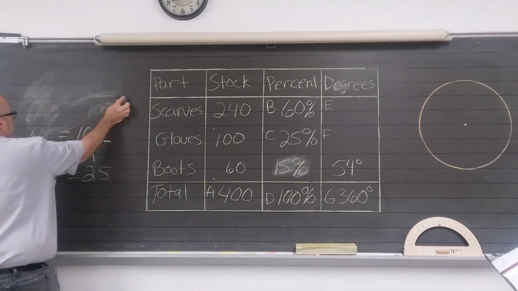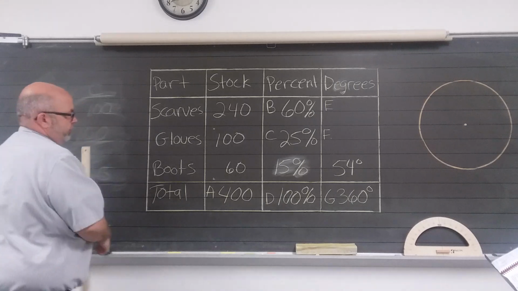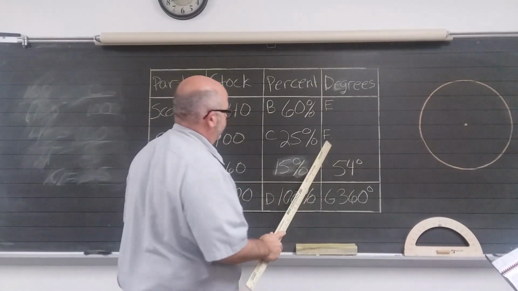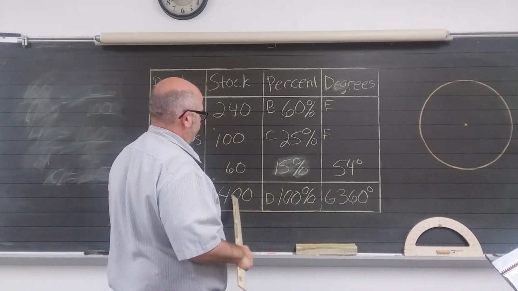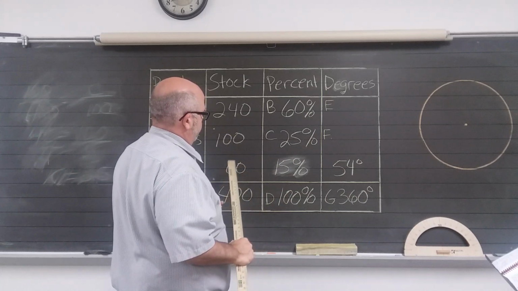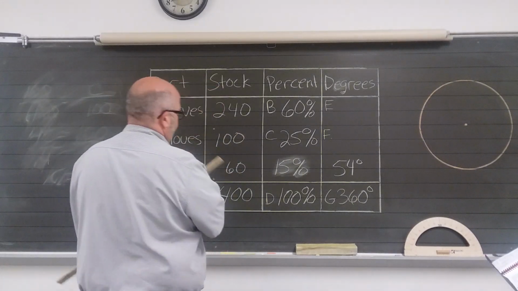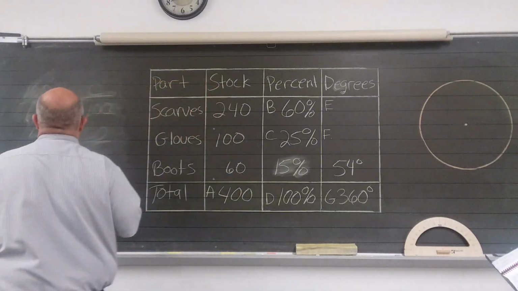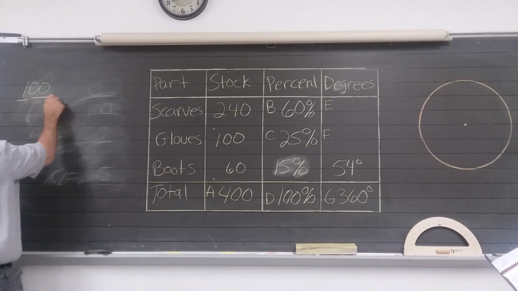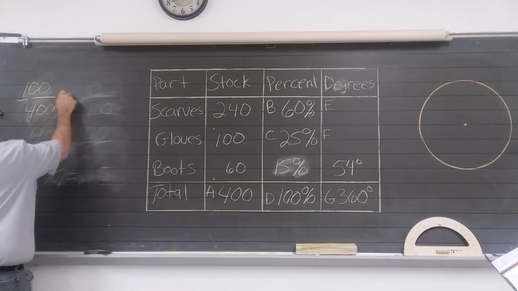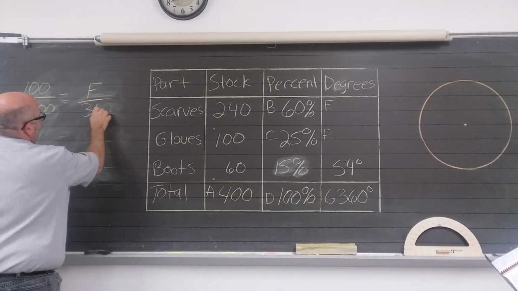So now let's figure out our degrees. Figuring out our degrees. So you can go either here or you can go back here again with your total. Okay? Let's go here. 100 over 400 equals F over 360.